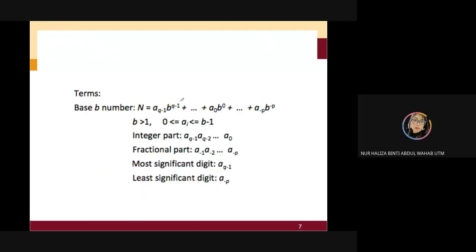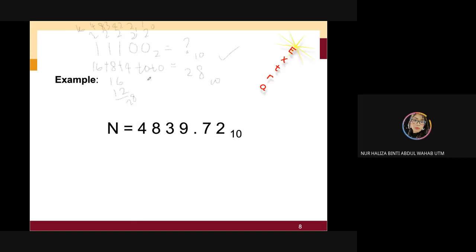Okay, so this is basically similar to what is explained in the front of the slide. Okay, this is similar also. You can see this is the integer part, and this is the fraction part, or whole number and also fraction number.